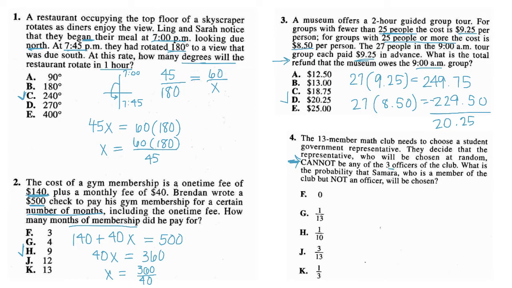What is the probability that this person, Samara, who is a member of the club but not an officer, is chosen? So if we have 13 members in our club, but we're going to remove the 3, that means we have 10 people to choose from. So our sample set is 10, and Samara is one of the 10, so her probability of being chosen is 1/10, which is answer choice H.